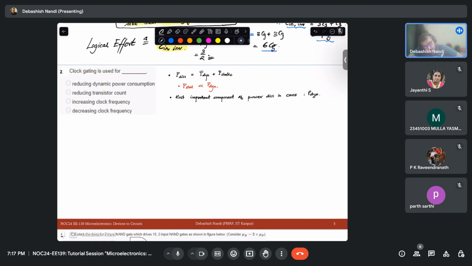Do you remember the formula of P dynamic we derived in the last class? Anyone? C_L V_DD square times P 0 to 1, the probability of 0 to 1 transition by the clock, and clock frequency.